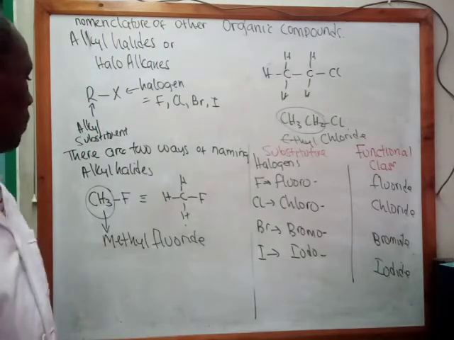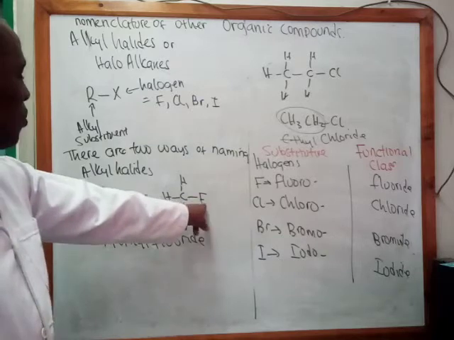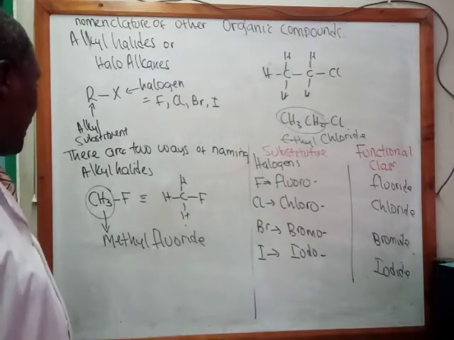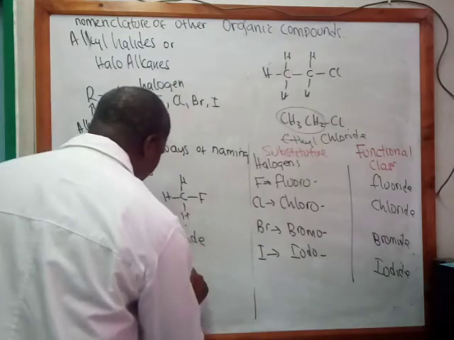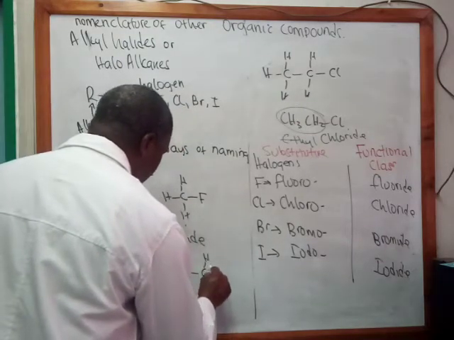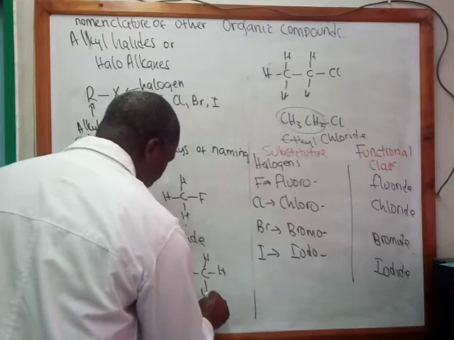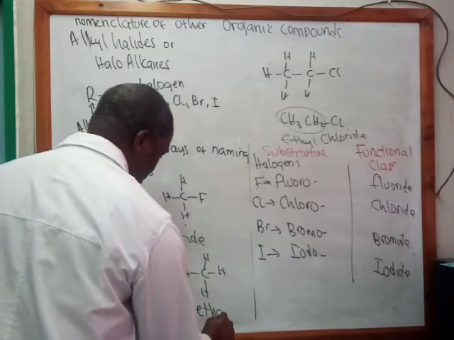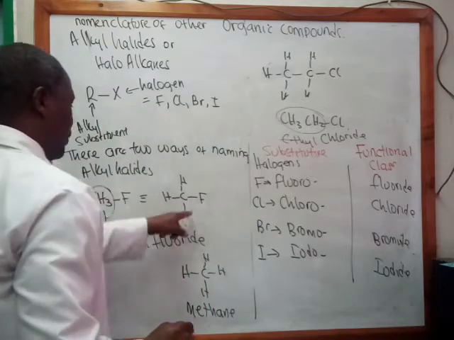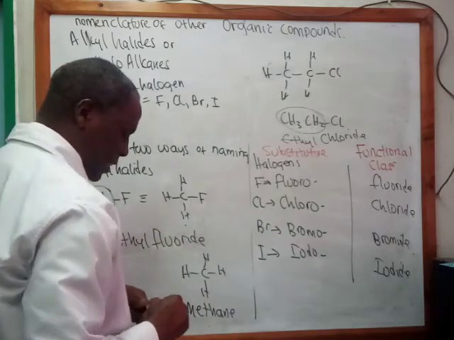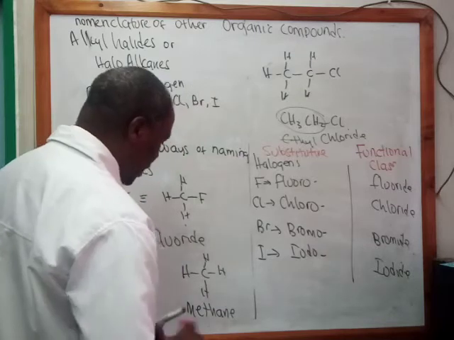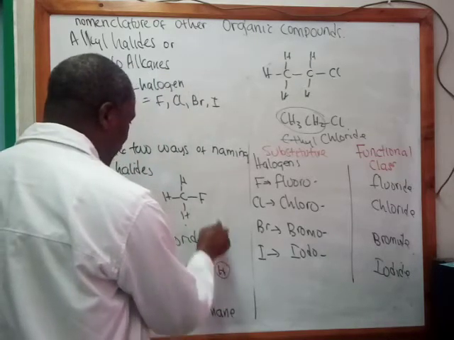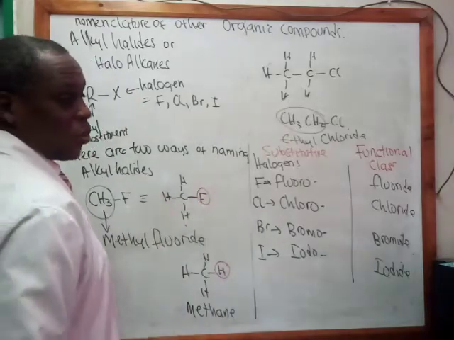The other way will be to say, hey, I've got a fluorine, and initially what I had was, what compound is that? That compound is called methane. And then what I've done is I have removed one of the hydrogens and replaced it with a fluorine.